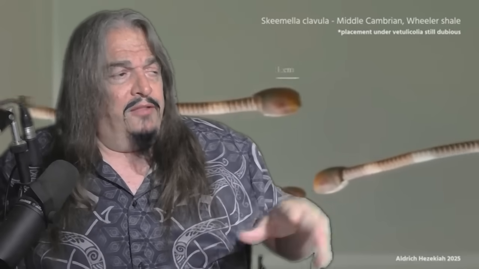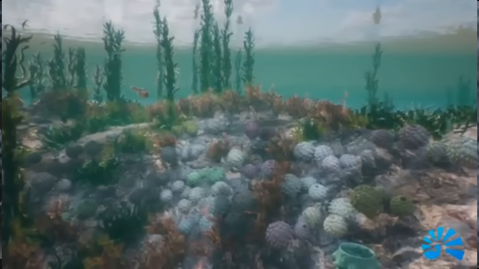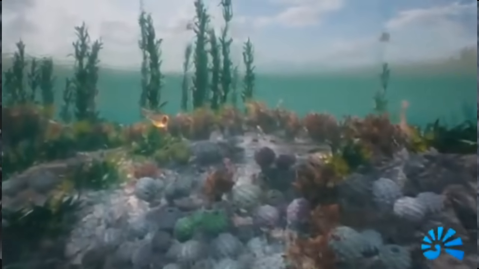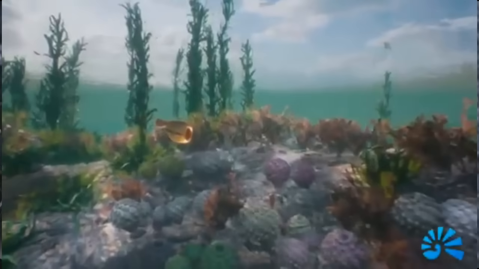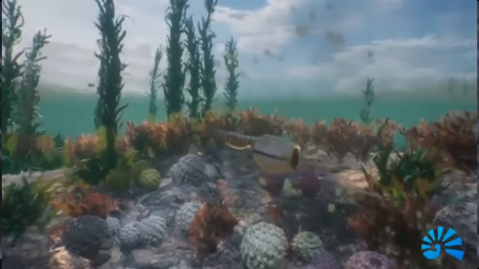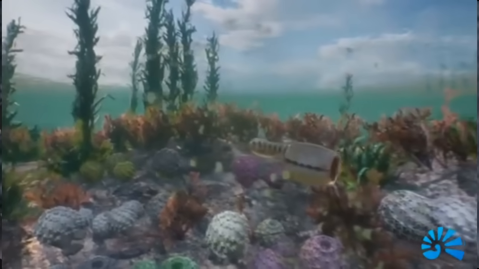So before anything yet had an interior skeleton, Vetulicolians looked like they were trying to be the exoskeletal version of fish, which clearly didn't work. Their design was so bad, it's like their whole line was on a factory recall because they went extinct early on.